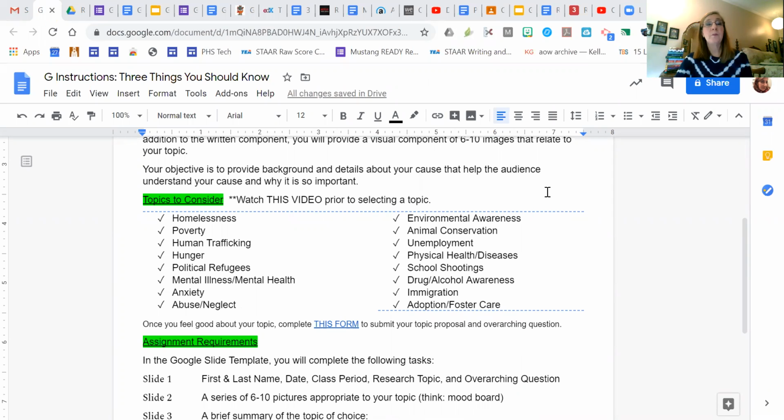For example, let's say your broad topic is homelessness, and within that, maybe you want to research homeless teens and what resources are available. Maybe you want to research what causes homelessness, like why do people end up in that position? Maybe homelessness among our military veterans. And so that would be a subtopic.